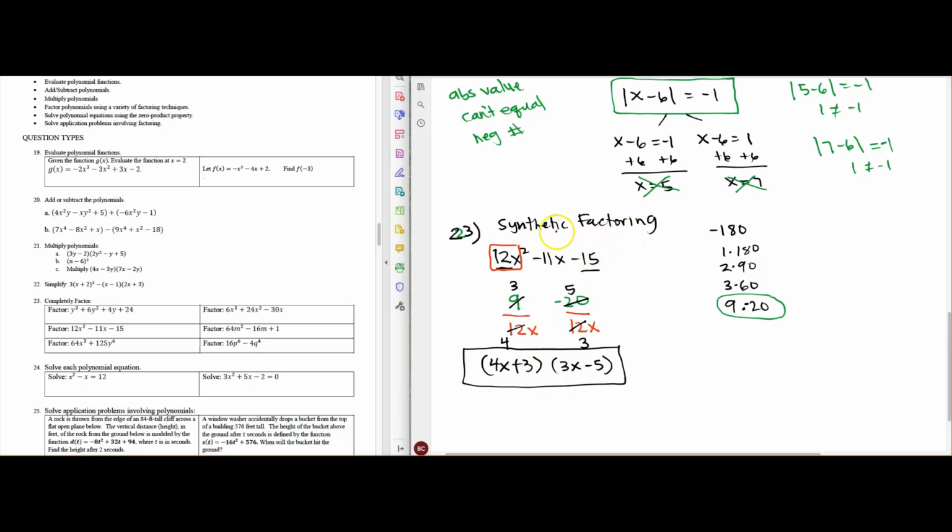And if you're not a fan of the synthetic factoring, that's fine. You can do it the other way, where you do factor by grouping. You still have to come up with that winning combination, but then remember you've got to make it into a 4-term polynomial using the 9x minus 20x. And then you can just split it in half and do the factor by grouping, and you'll still come up with that same thing.